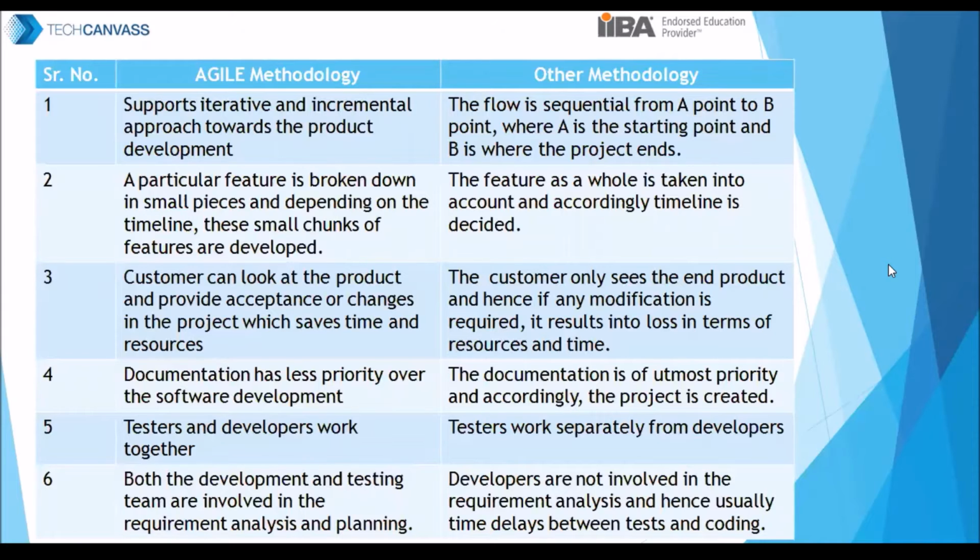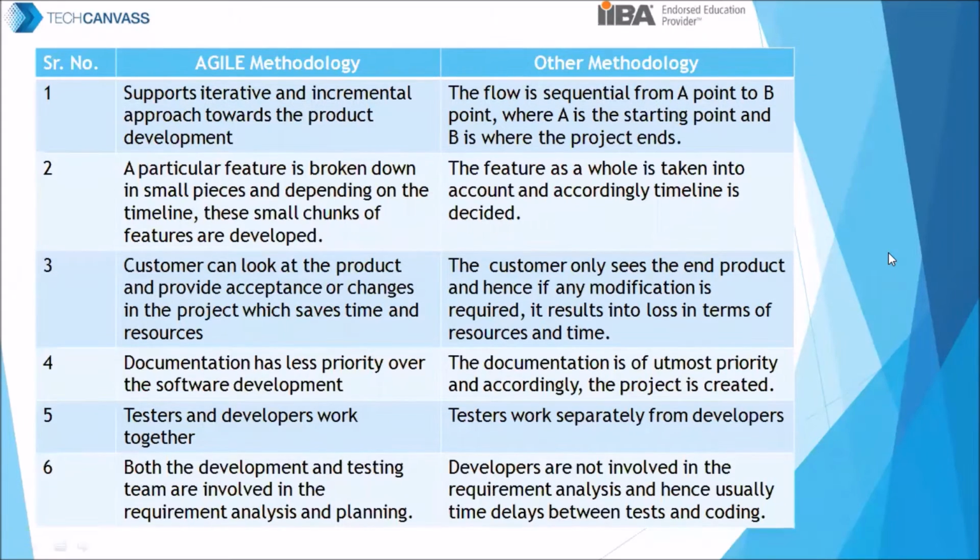So it delays the coding part, which in turn delays the testing part, because till the coding is done, testing will not be started. So again, this actually hampers my timeline. So these are the main differences between agile methodology and non-agile methodology.